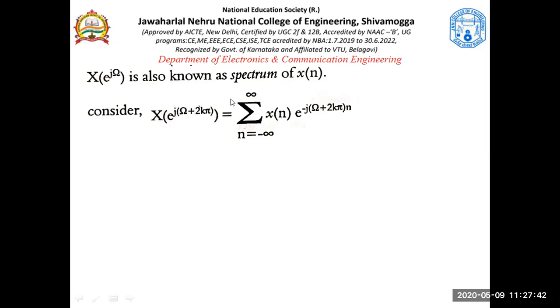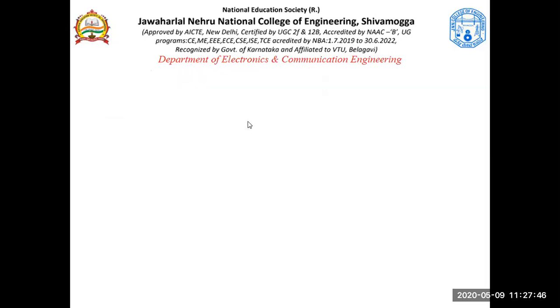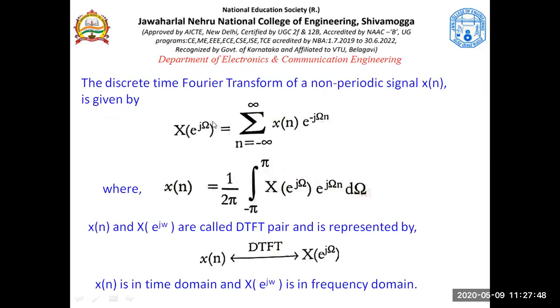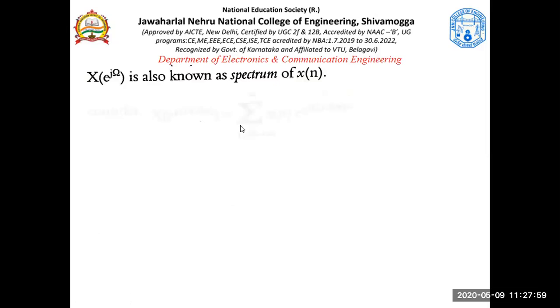See here, this is the equation for X(e^jω). There is another frequency component added to this. That means there is a shift in the frequency.